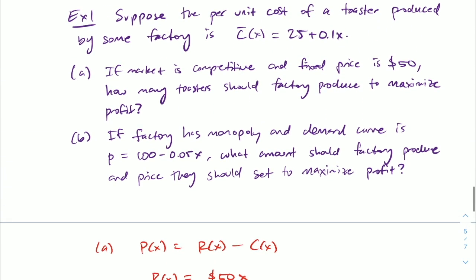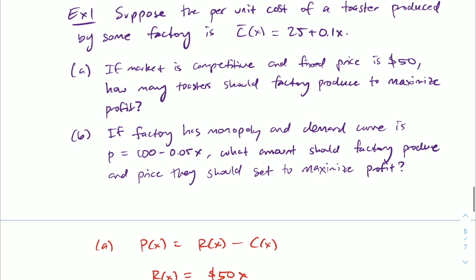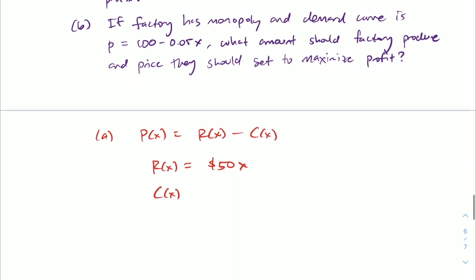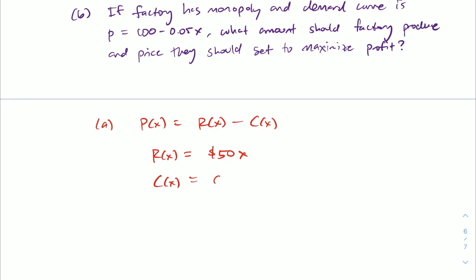The average cost is 25 plus 0.1x, so the cost is going to be the average cost times X. And I'll just remind you why this is true. So the average cost is the cost divided by X. So the cost is going to be the average cost times X, just solving for cost in that.